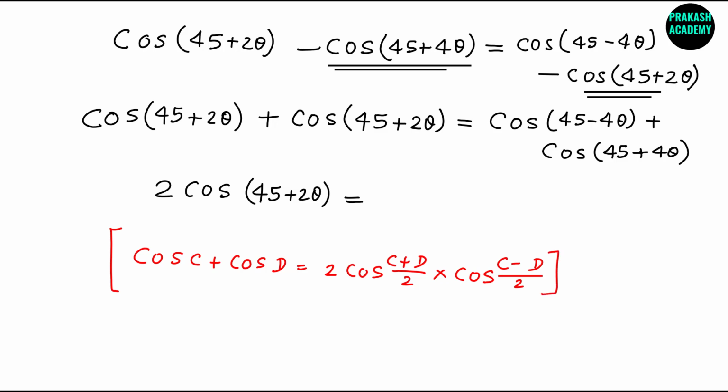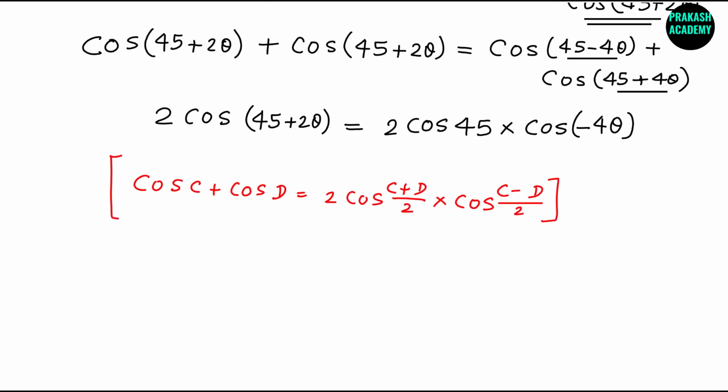So we will have 2 cos (C plus D by 2). So 45 minus 4 theta and 45 plus 4 theta, so this will be 90, and 90 divided by 2, so that is 45. And then cos (C minus D by 2). So C minus D will be simply minus 8 theta divided by 2, that is minus 4 theta.